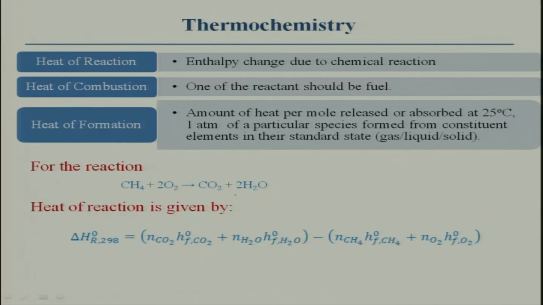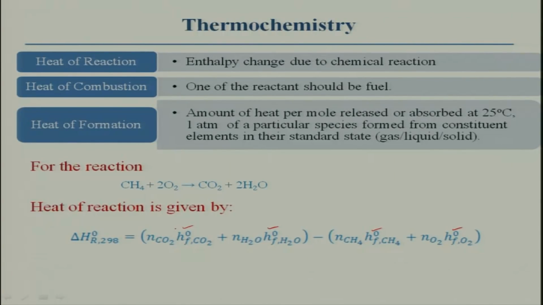And the heat of reaction will basically be N moles of carbon dioxide into the heat of formation of carbon dioxide, corresponding to 1 atmosphere pressure, and of course this corresponds to 298.15 Kelvin, into N moles of water into the heat of formation of water, minus N moles of methane into the heat of formation of methane plus N moles of oxygen into the heat of formation of oxygen. That means I should know these values, right. Of course, how will I know these values?